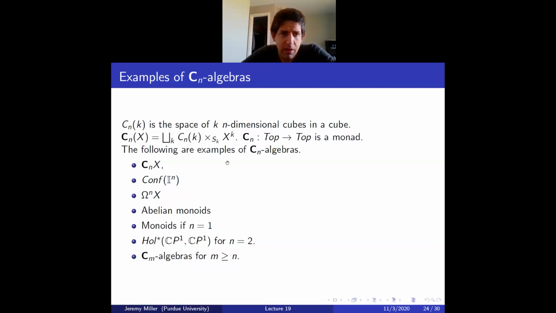There's a sense in which CN measures commutativity, and as n goes up, you become more and more commutative. When n is infinity, you become commutative up to homotopy, which is different from being strictly commutative. So if you're CM, you have m degrees of commutativity, and in particular you have n degrees of commutativity if n is less than m.